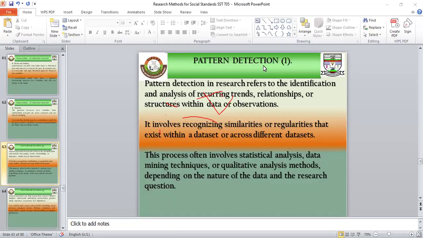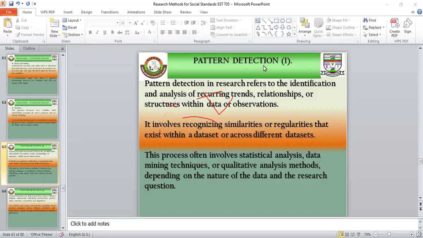So in pattern detection, we identify and analyze these trends. What relationship exists in the data or in the observations? What relationship exists between interest rate, inflation, and exchange rate? We said it involves recognizing similarities.